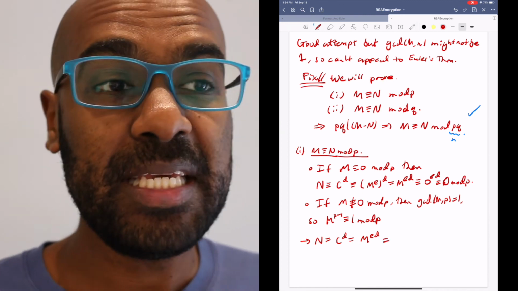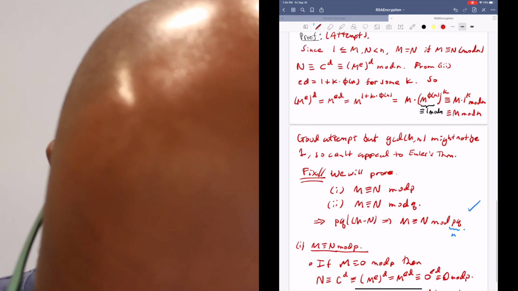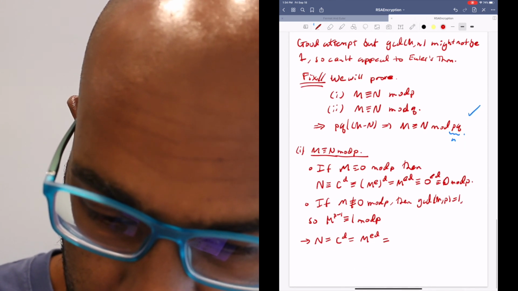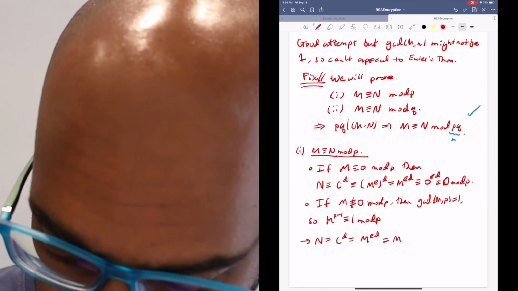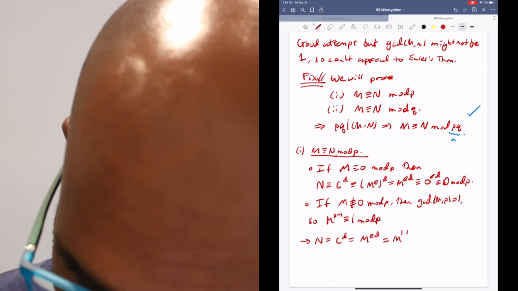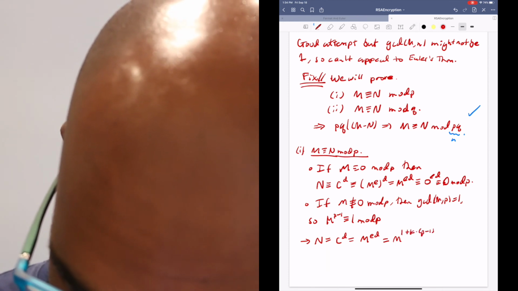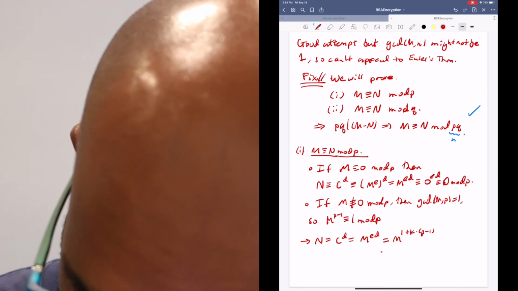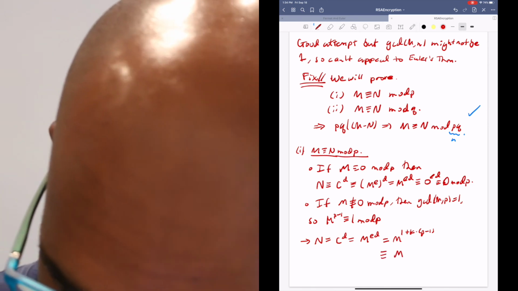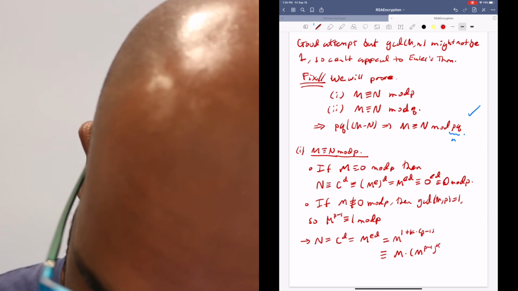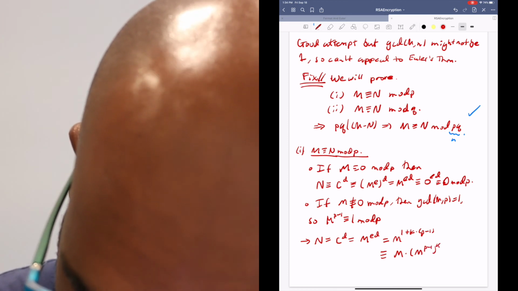Okay, and now ED is just like we had over here, 1 plus a multiple of p minus 1. So it's 1 plus a multiple of p minus 1. And so this is congruent to M times M to the p minus 1 to the k.